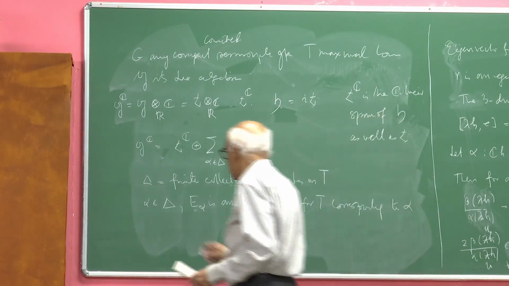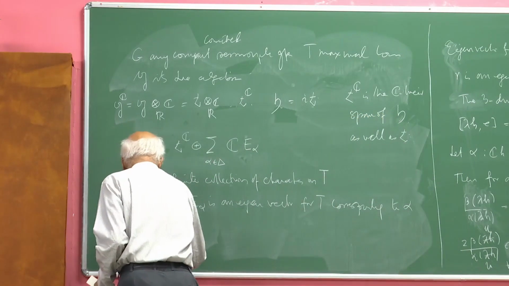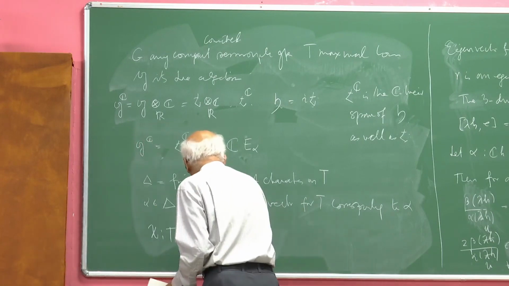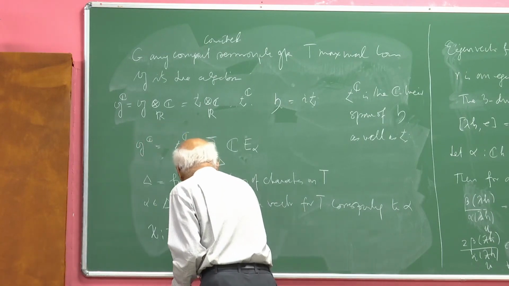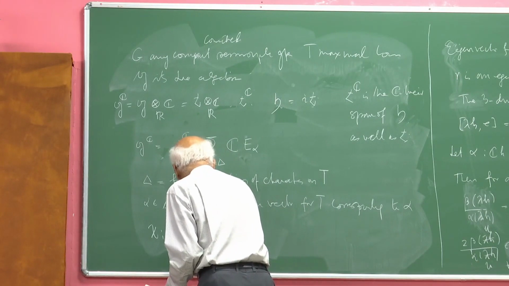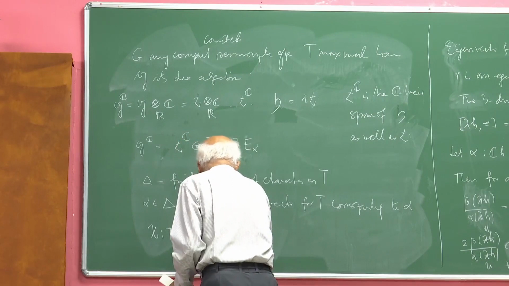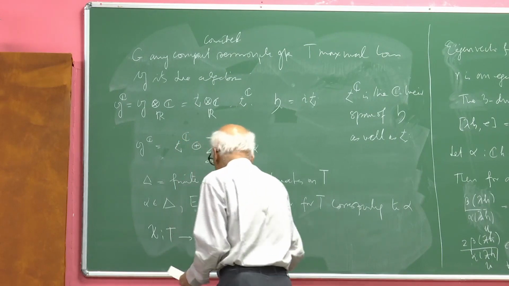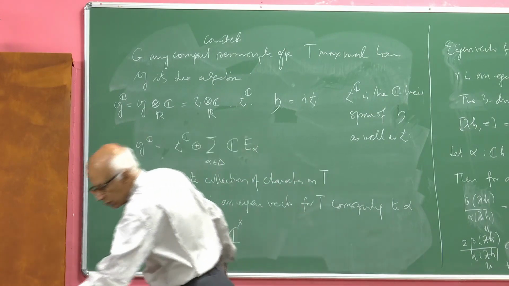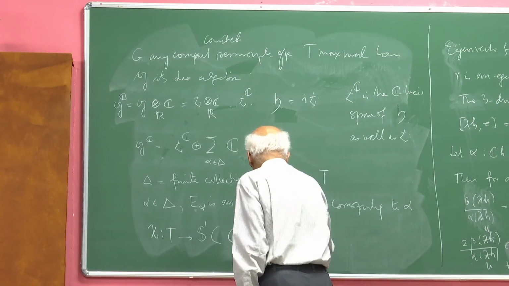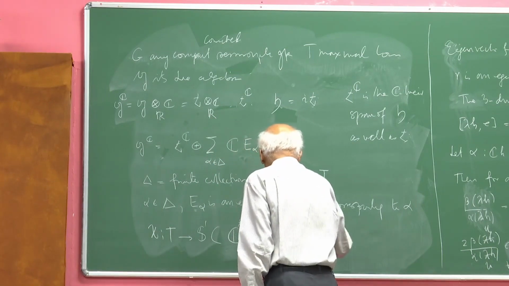If now chi is any character on T, it will necessarily go into S1, the circle group, which of course is contained in C cross.